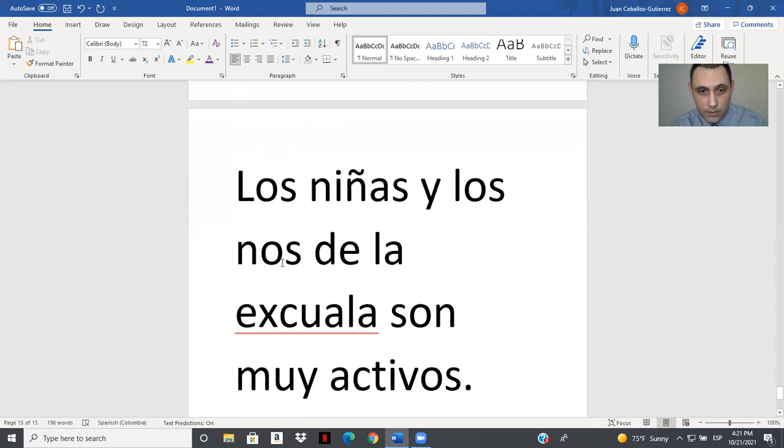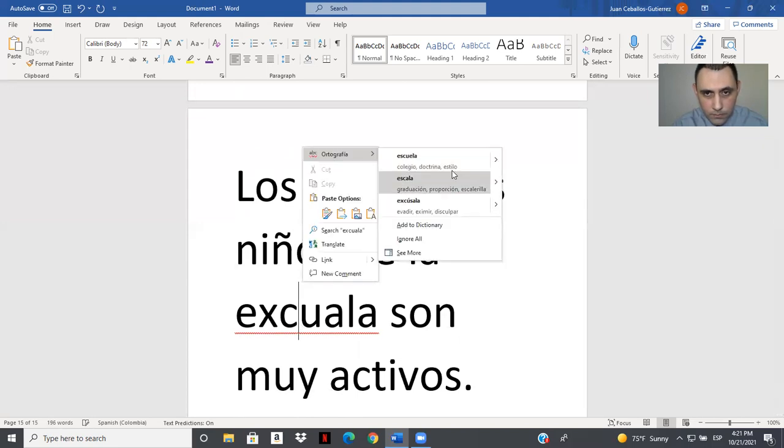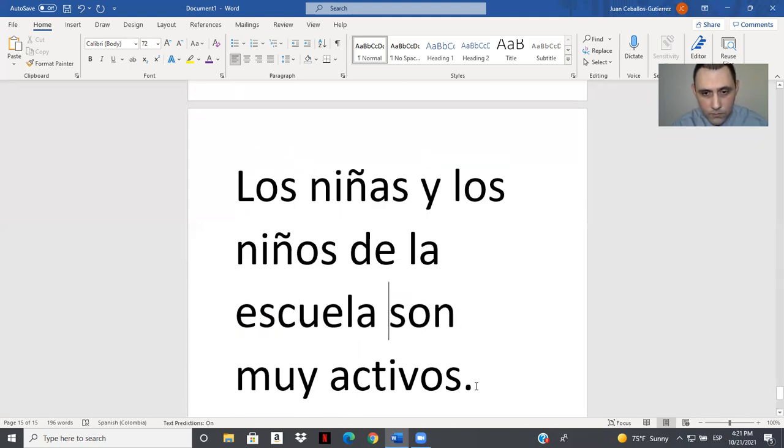Las niñas y los niños de la escuela son muy activos. Try to think, what is the subject in this sentence?